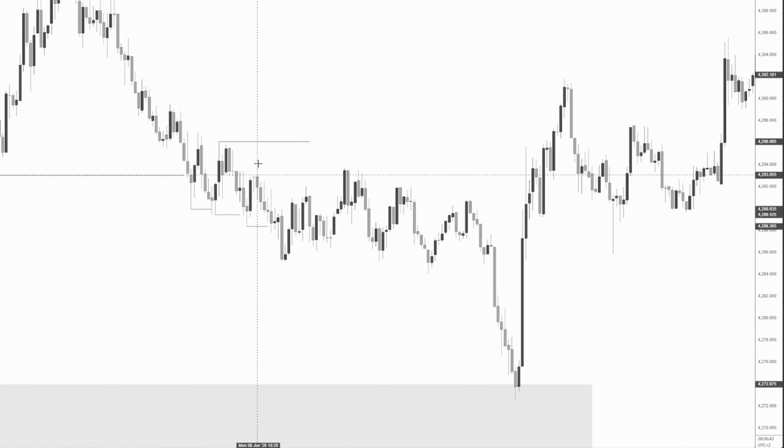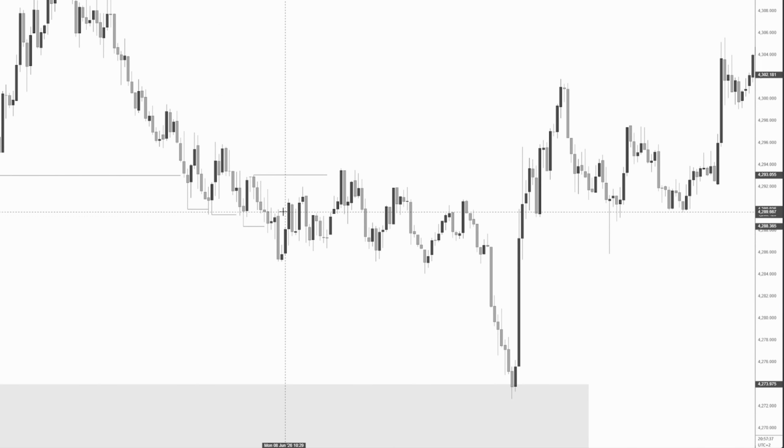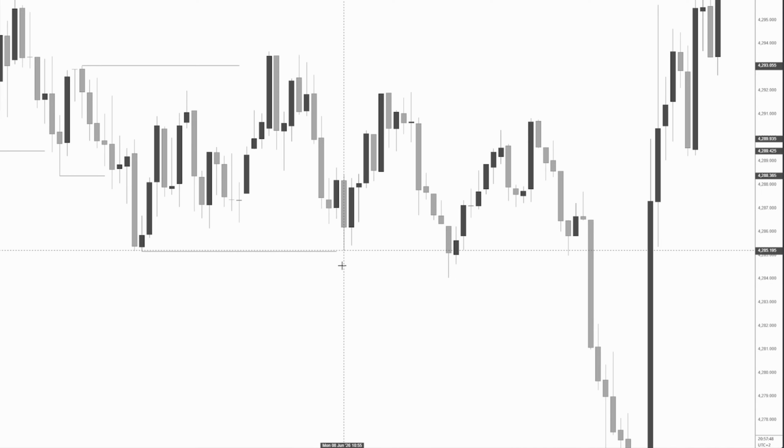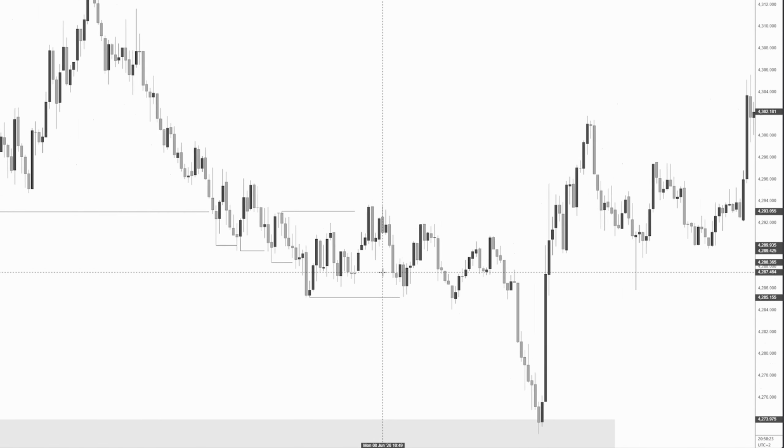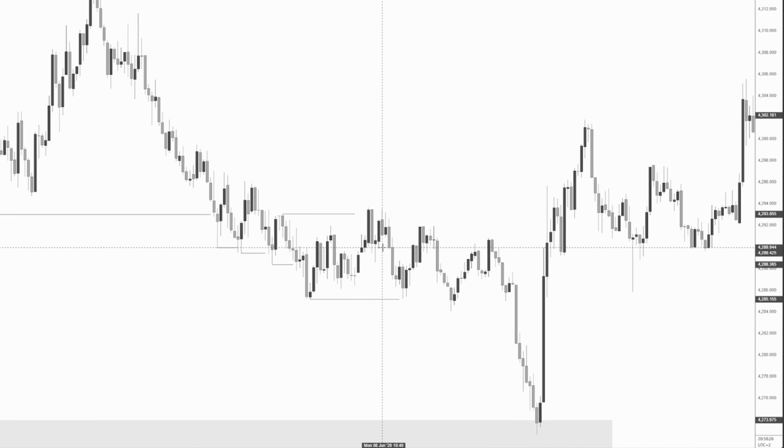Same thing right there, move the low down and discard the one above. Personally, I don't consider this valid, so we are going to move it down. Is that a break? It's not. All right, cool. So now you can see price broke above this high, after which it comes down and sets us up for a reversal.